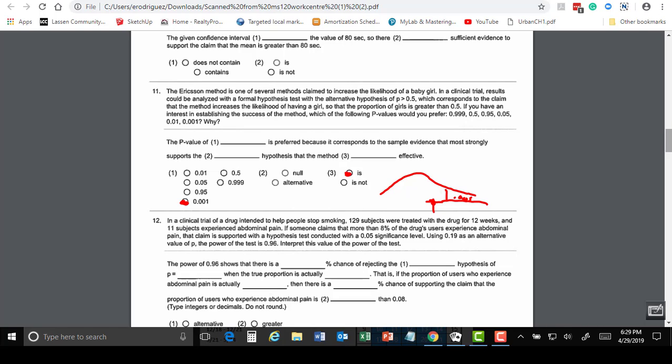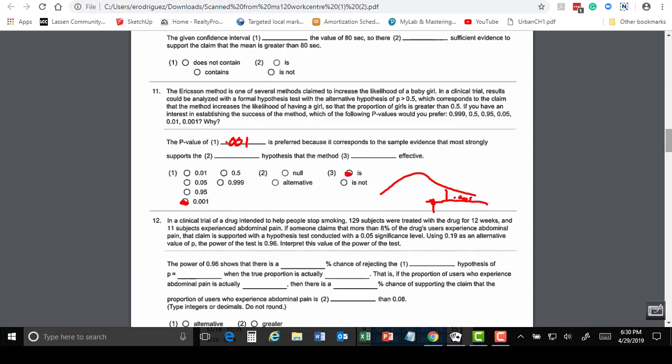And it says it strongly supports the null or the alternative. Well, the null is how we set up the thing. So we got a p-value of 0.001, and it supports the null or the alternative.